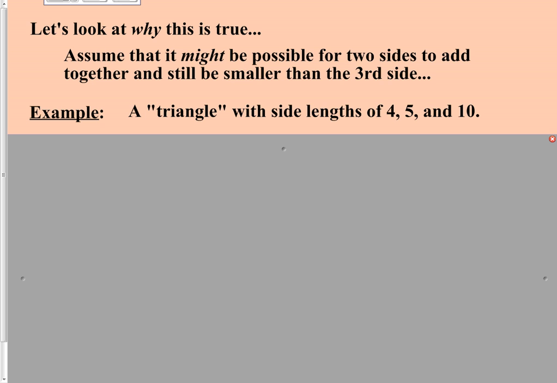An example of that might be a triangle that has side lengths of 4, 5, and 10. Now, without considering the triangle inequality theorem, it seems reasonable that you could have side lengths of 4, 5, and 10. They're just numbers after all. Why couldn't they possibly be the lengths of the three sides of a triangle? Well, let's have a look.